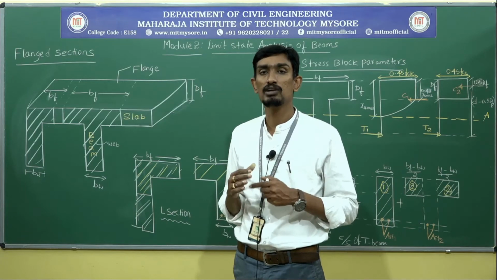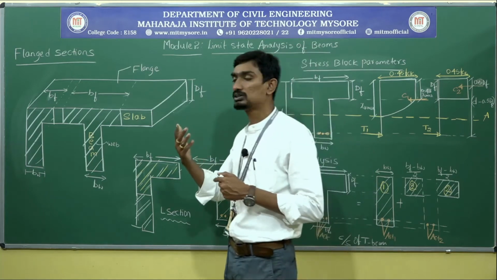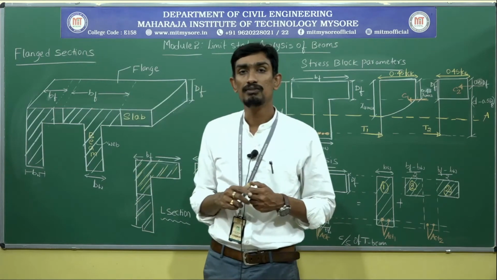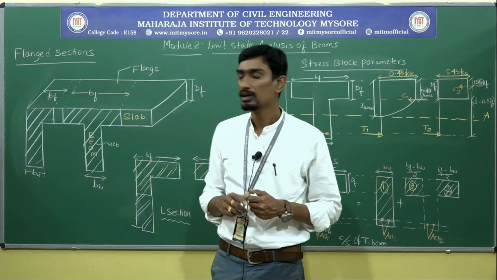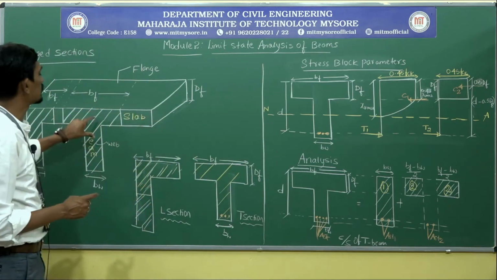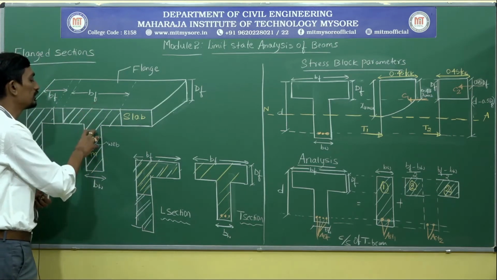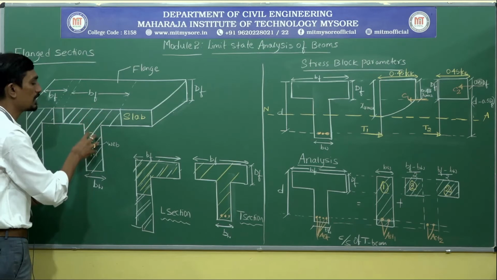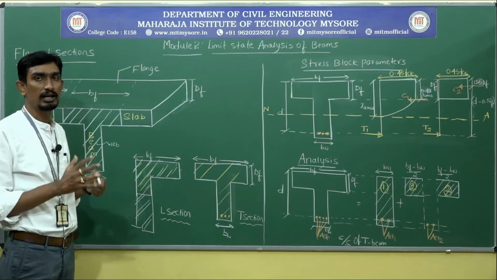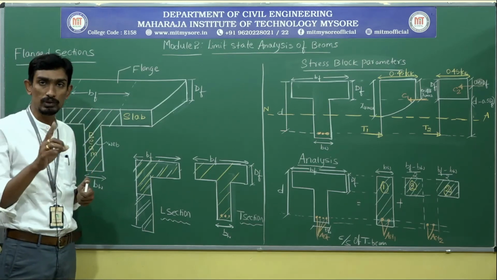In order to enhance the structural capacity, we go with the flanged sections. Is it clear? Fine. Since these components are cast monolithically, both the slab and the beam act like one unit. That is the advantage of casting monolithically.